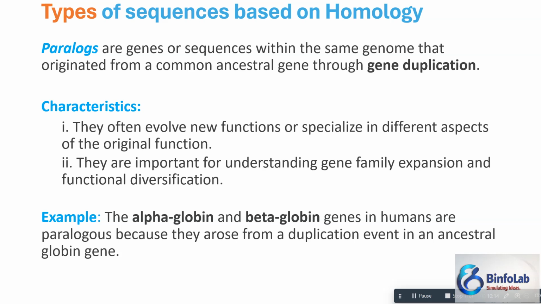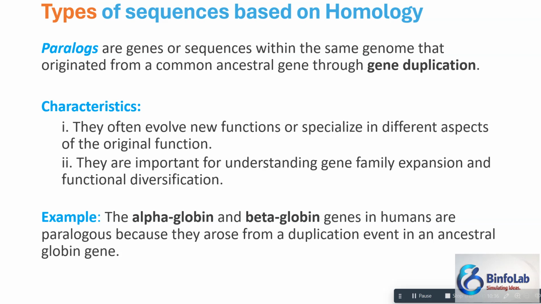Previously, in the case of orthologs, the gene was speciated into two, and one gene was retained in one species and another gene in another species.